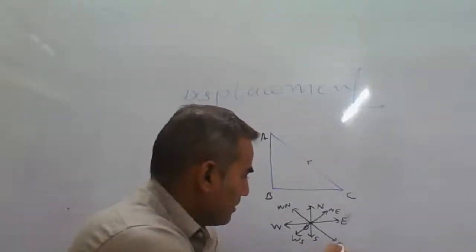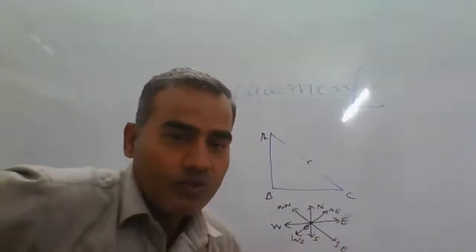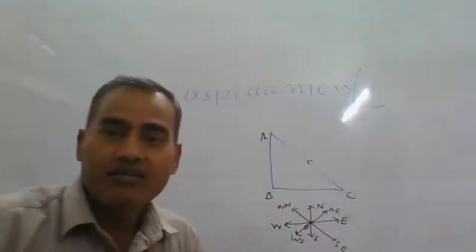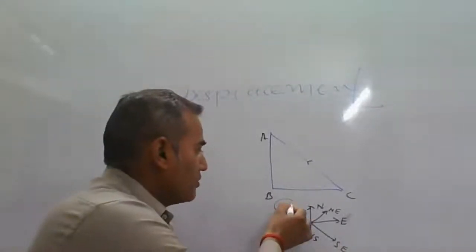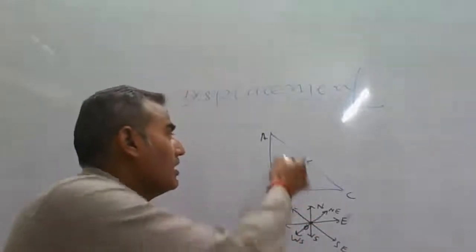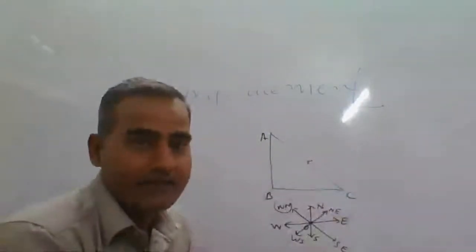So if you consider AC in the north-west direction, this is also the minimum distance between two points.